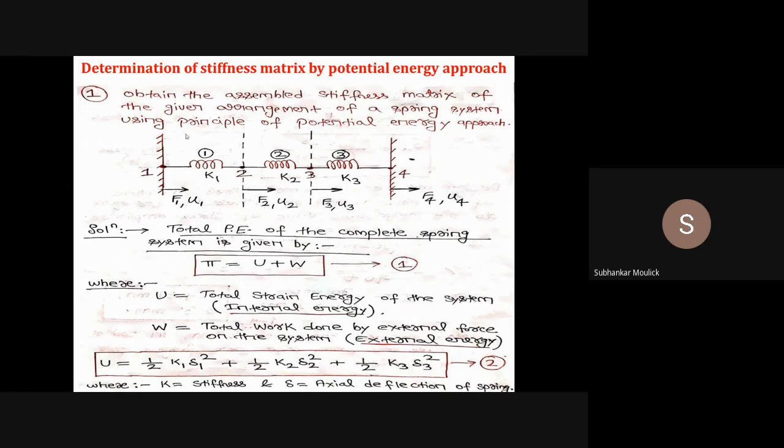By looking at this diagram, can you tell me which component of work done by the external force is there in this problem? Is a traction component given, or a body force component, or a point load component? Which component will I take to find the total work done W?